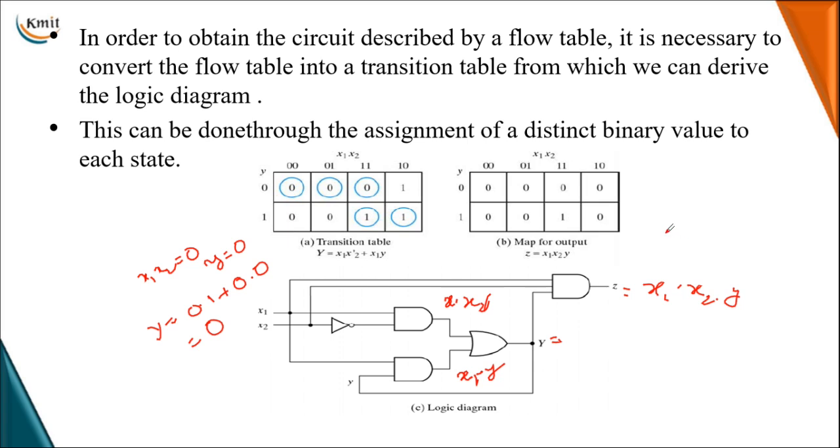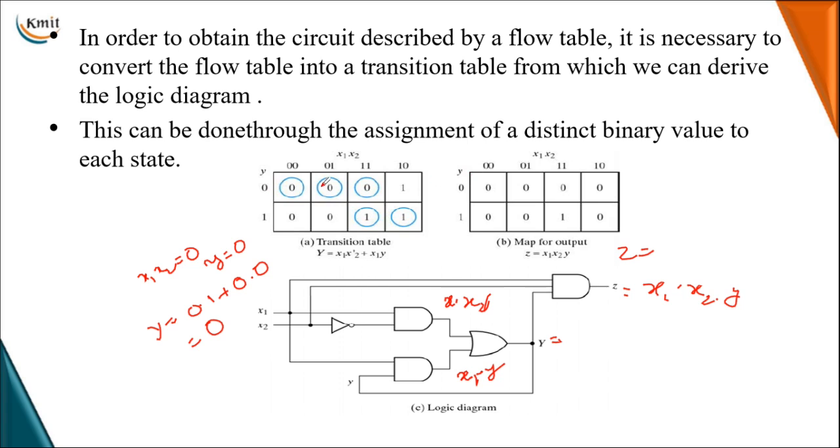In the same manner, for the same inputs of x1 x2 and y, let me find your z. So z is equal to the product of these three, and since these two inputs are 0 0, the product will give you the 0 output.